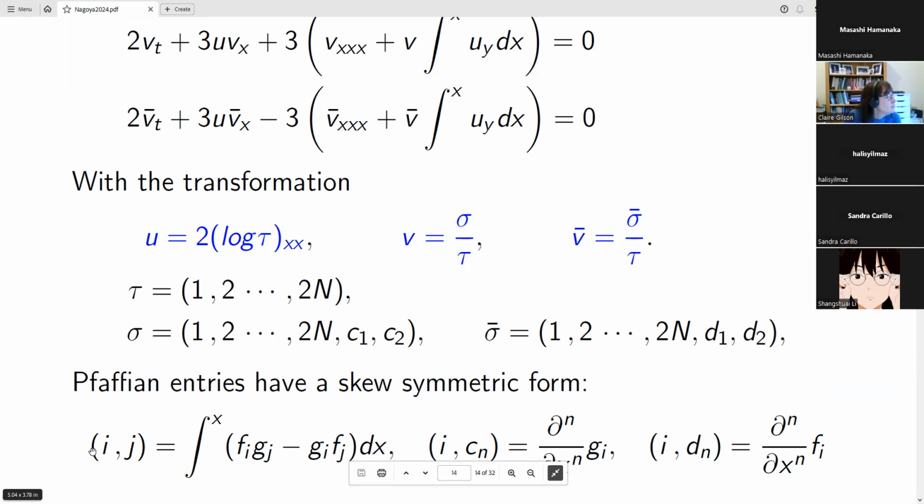I'm going to have entries ij, which are coming from just like 1, 2, and then I've got entries that involve 1 and like C1 and 1 and D1 or D2, and these are defined just as derivatives of the F's and the G's.